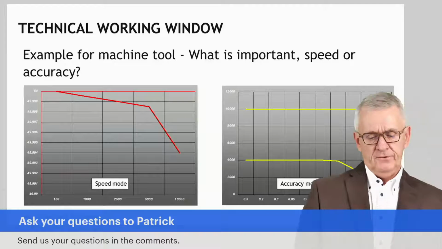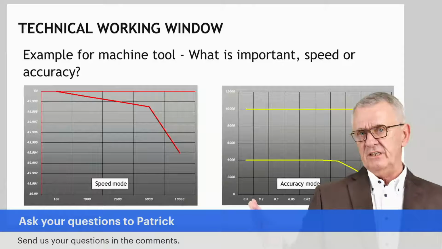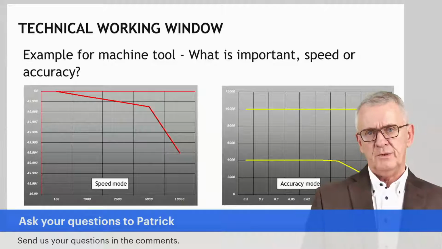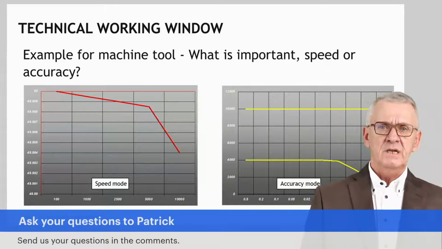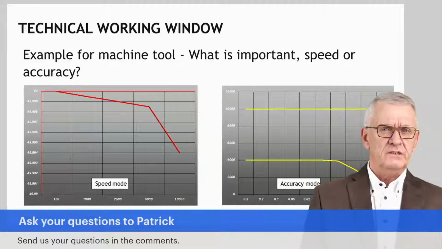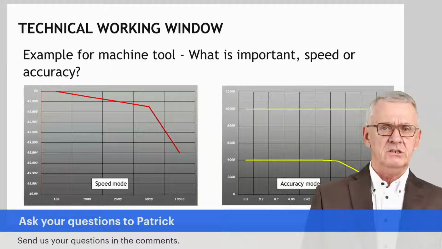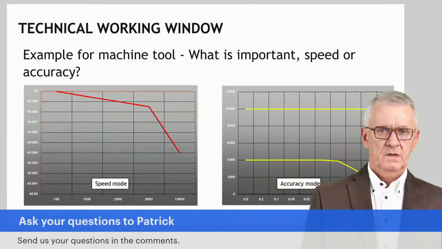But if you tell the machine, whatever movement I want, whatever feed speed I want, you have to respect what I tell you to do, that means that the faster you want to move the tables on the machine, there will be a loss of accuracy. Speed goes at the expense of accuracy.